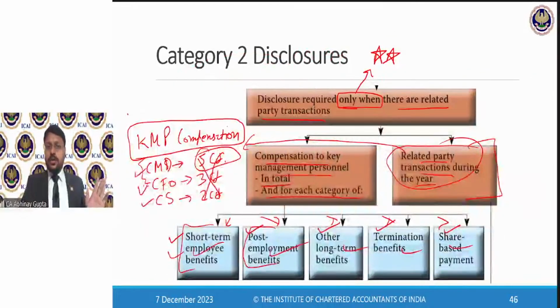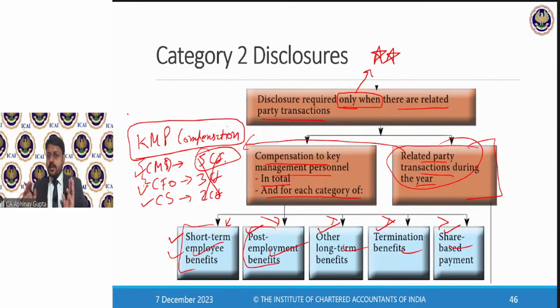Category 2 disclosures we will give only when there are transactions. If I have a transaction with any close relative or family member of any KMP, then only that person will be in my related party disclosure. Otherwise not. I don't need to disclose all the family details of all my KMPs if there are no transactions. Only the member with whom I have the transaction needs to be disclosed.